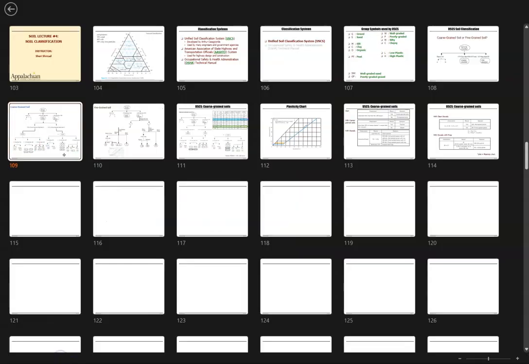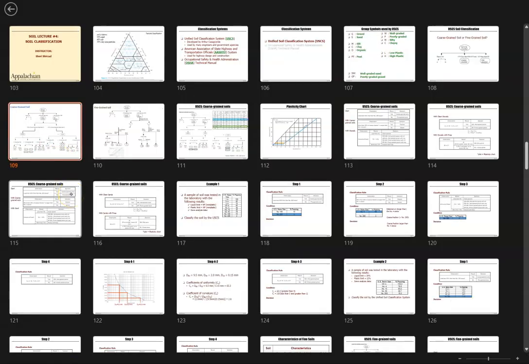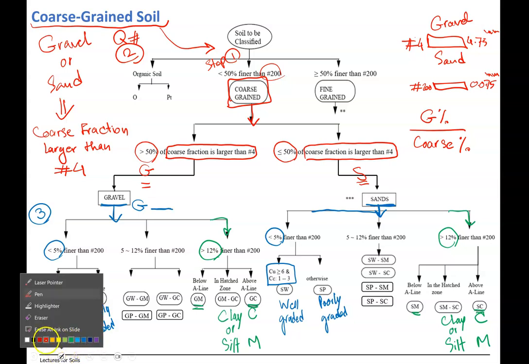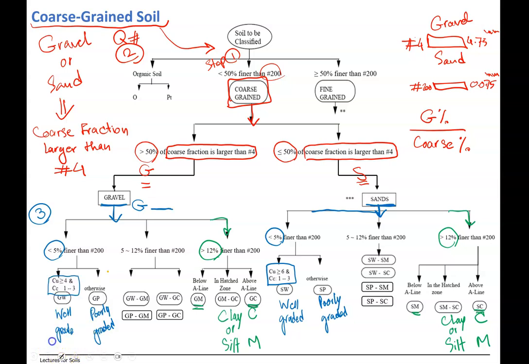And then, if the percentage of fines is between 5 and 12, then we have to do both of these. We have a dual symbol. First, you need to figure out if it's well graded or poorly graded.